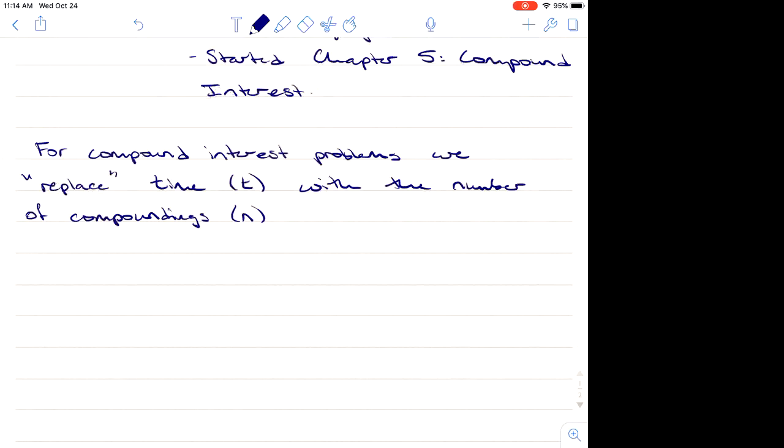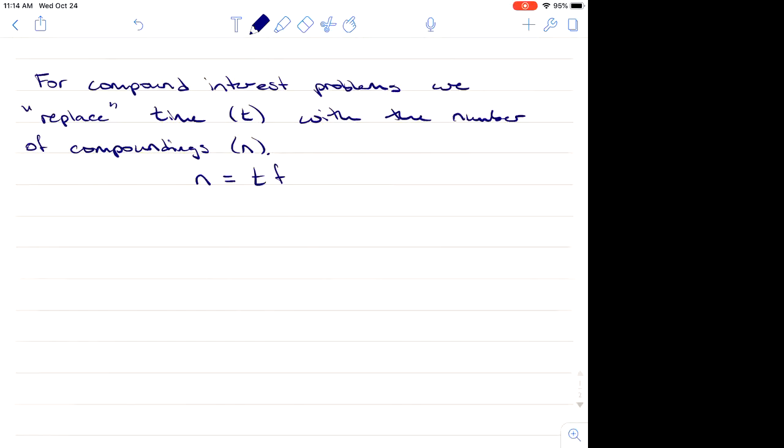Right? So on our timeline, on our arrow, we used to put the time, but now we put the number of compoundings instead. And remember, we calculate that as t times f, where f is the compounding frequency.